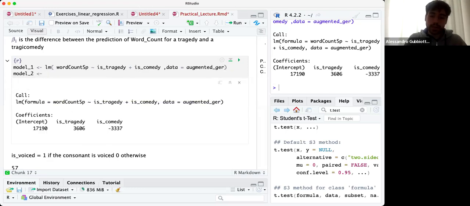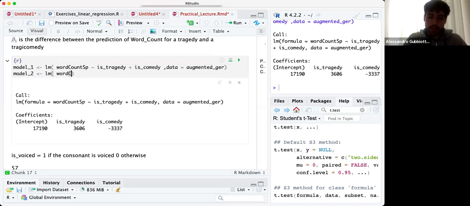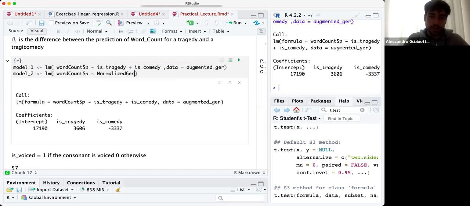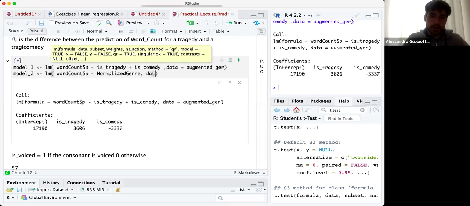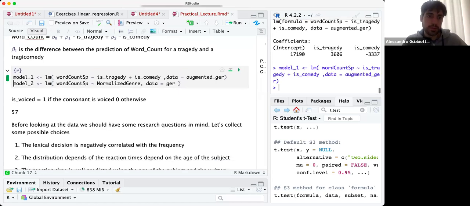What we did is actually useless, because R does it automatically. If we take the word count and we predict it using the normalized genre, it does exactly what we did. So let's try to do it.